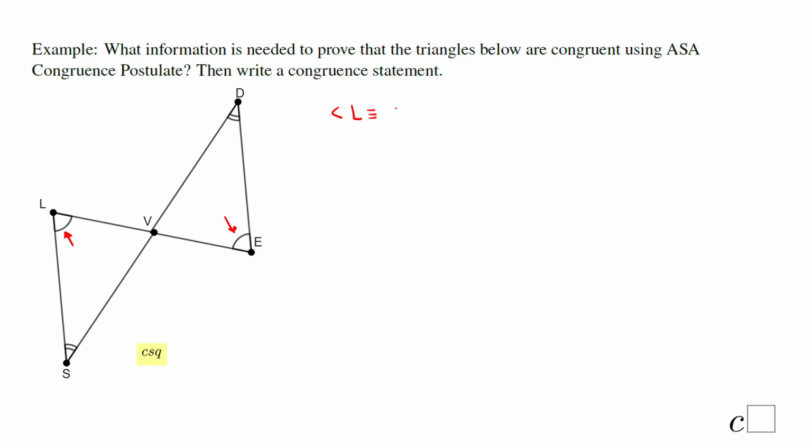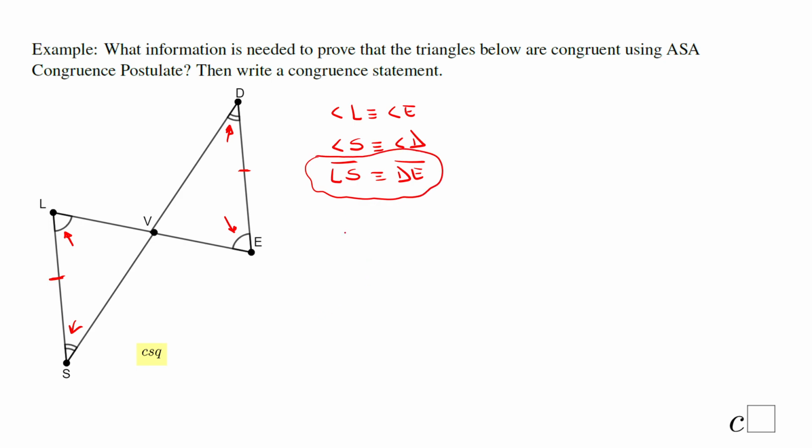E. This angle S is congruent with this angle D. So now we have the two angles in this ASA. We need the included side. That will be LS and DE. LS congruent with DE.